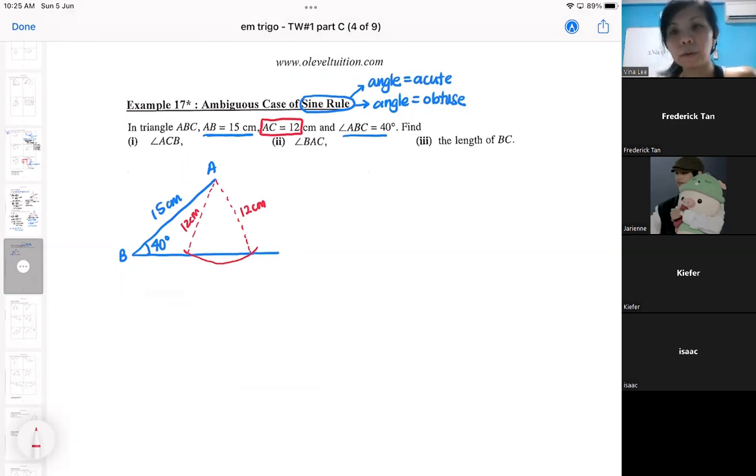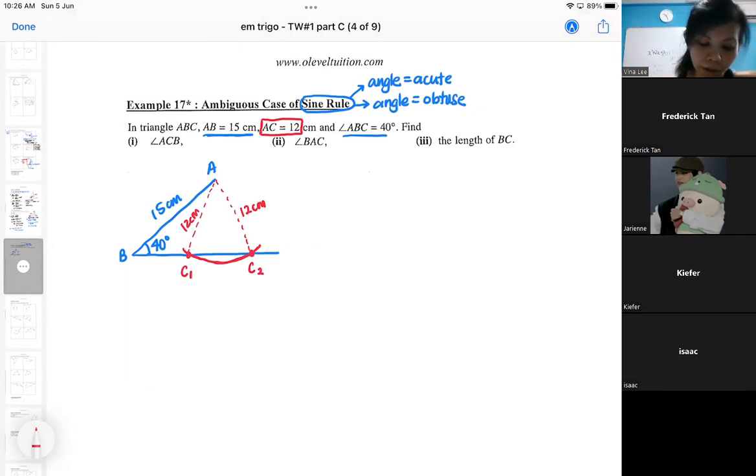So Frederick, if you're not so sure why there is an ambiguous case, you can look here. Isaac, if you already completed example 17, there's this ambiguous case here. If you do a construction on the 12 centimeter, your construction can cut like this, meaning that the coordinate C can be here or here.